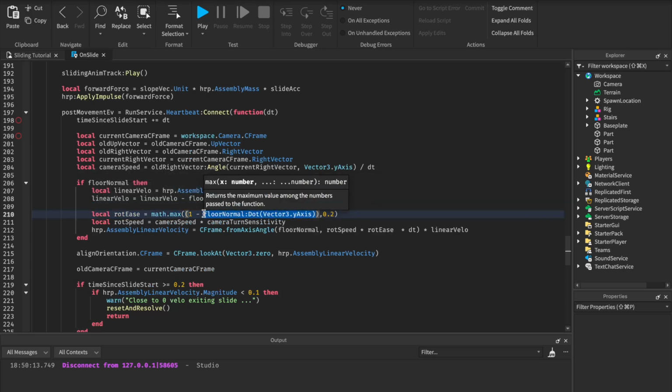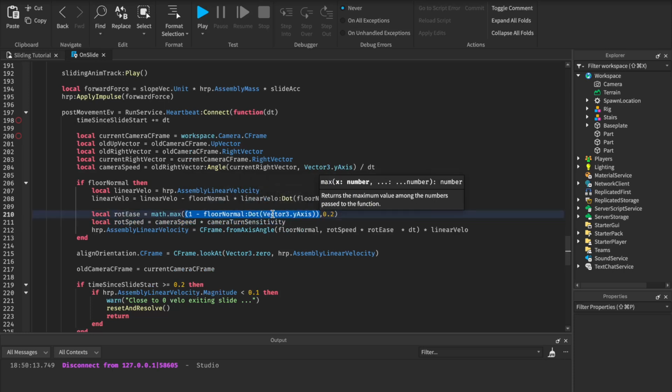When there is maximum flatness, which means that the floor normal is the y-axis, when we dot against the y-axis, it gives us back 1, then this would be 0. But we don't want it to be 0 because 0 would mean that we can't even rotate on flat ground. So I specified a minimum here so that we can at the very least still rotate a little bit on flat ground. So that's that variable.